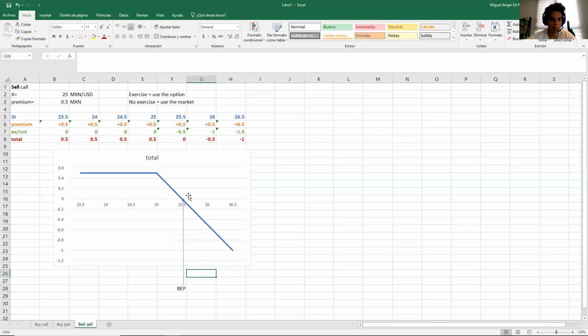Then at the money, it's going to be the strike, or where I don't care if I use the market, well, not me. If the other person doesn't care to use the market or to use the option, or it is the same as the strike, so it is 25.